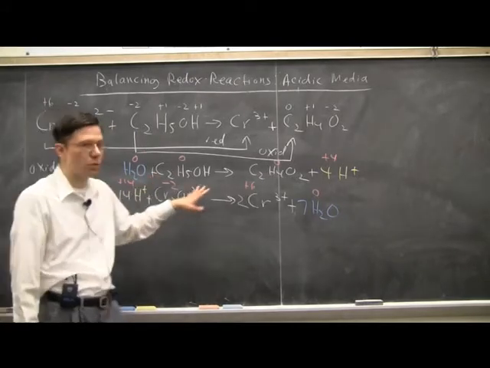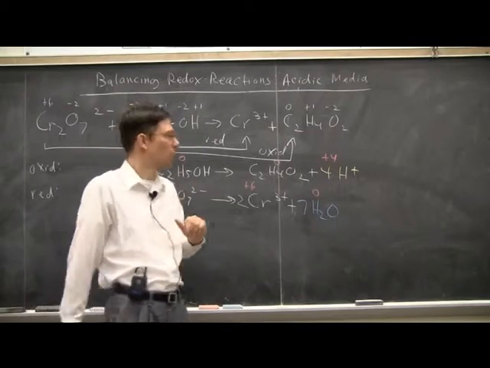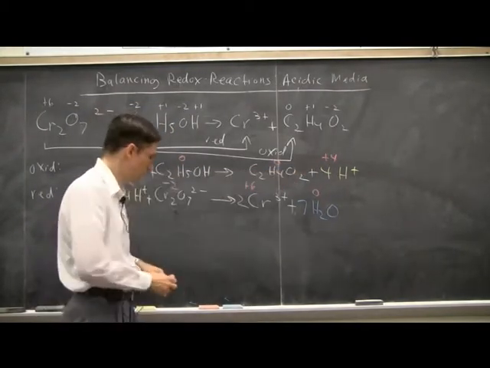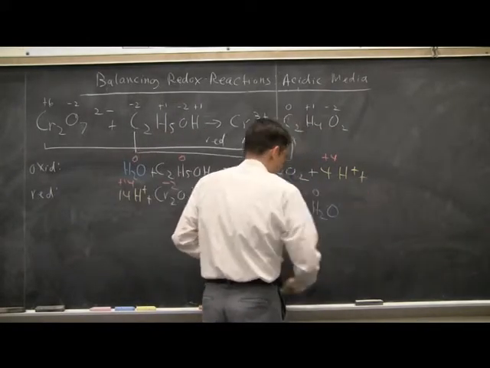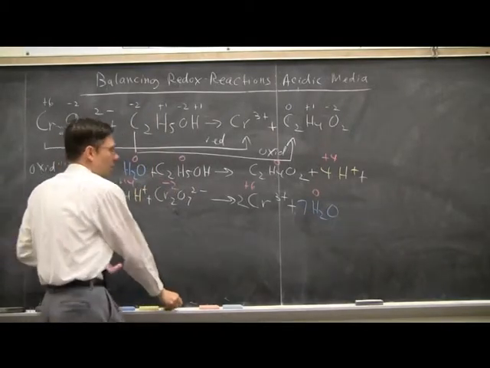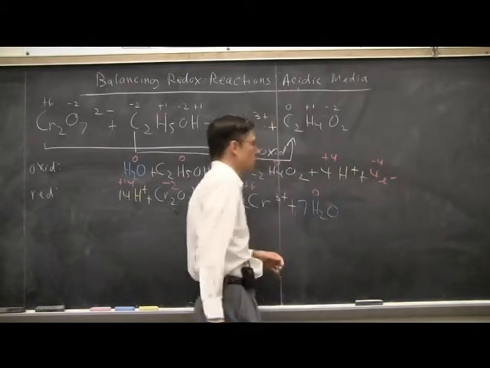So we have to have both sides equal each other. It doesn't have to be 0 on both sides, but it has to be equal. Well, we see we have 0 here, we have +4 here. By adding the electrons, we actually will reduce down that side. So we're going to add 4 electrons here. So now both sides are going to be equal.